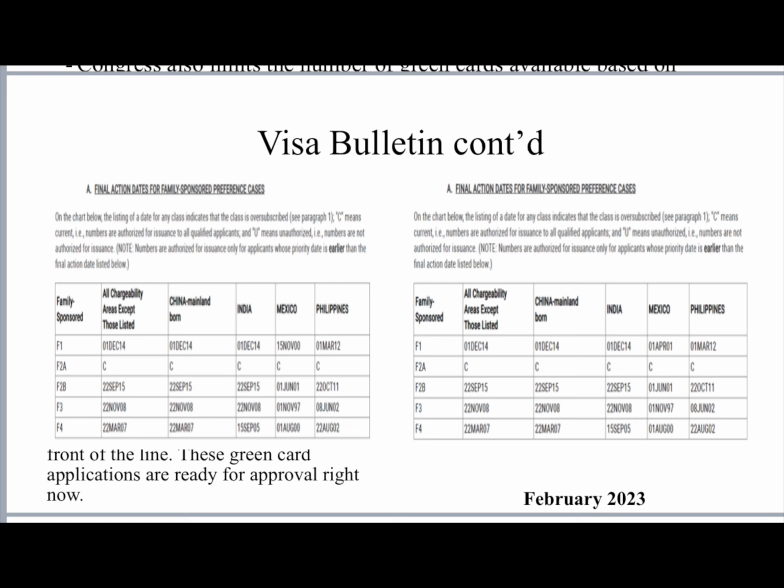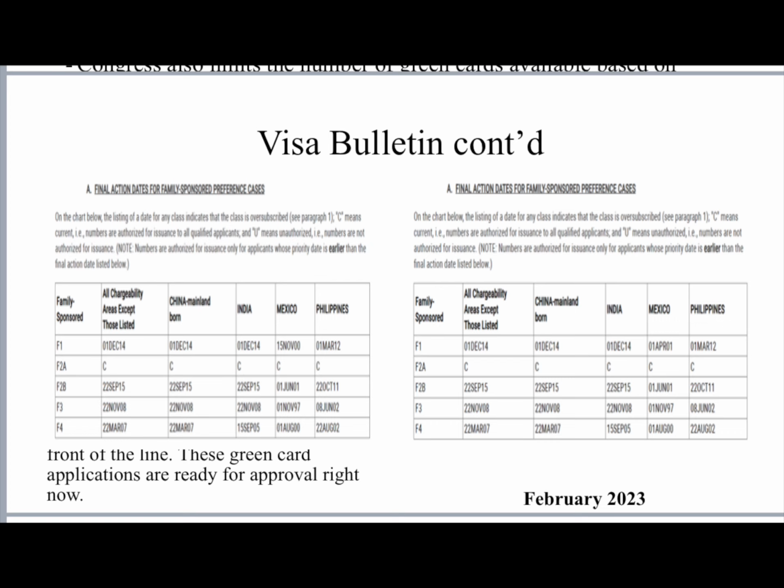The one that I'm looking at is for January 2023, because I'll go through the bulletins from last year, January, to where they are currently, and we'll discuss what changes took place each month. There were quite a few months where nothing moved. There was absolutely no change.